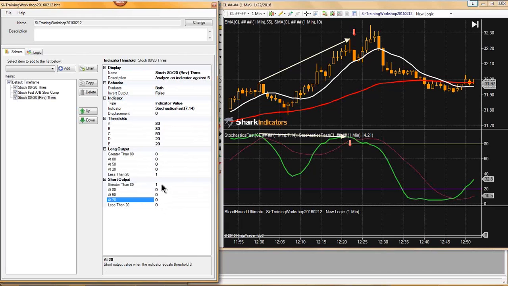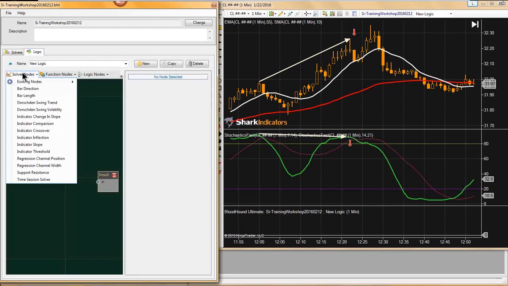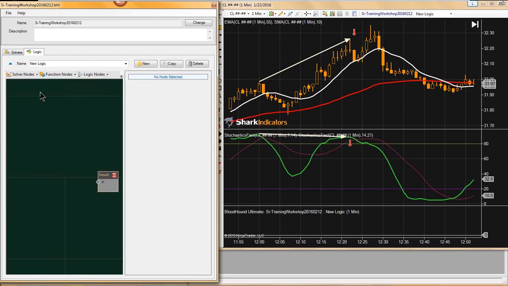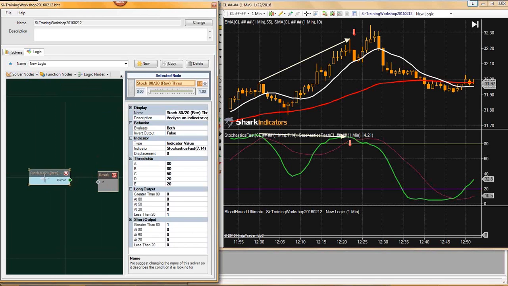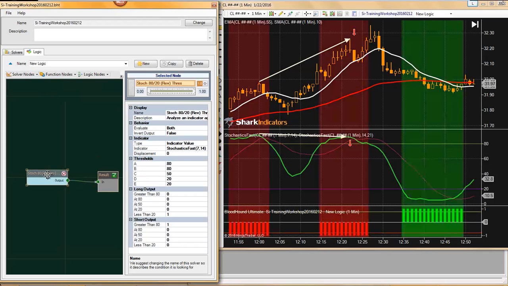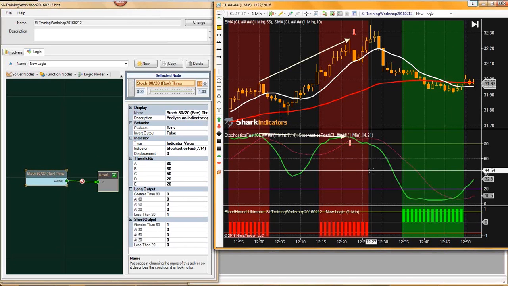You can see I just changed the output settings here to reverse the signals. Okay, so now let's take a look at that solver. This makes a little more sense.